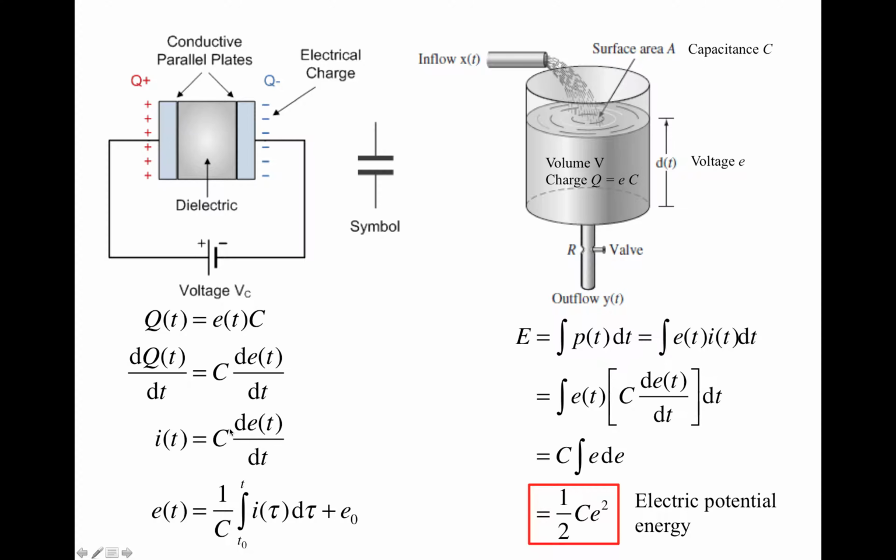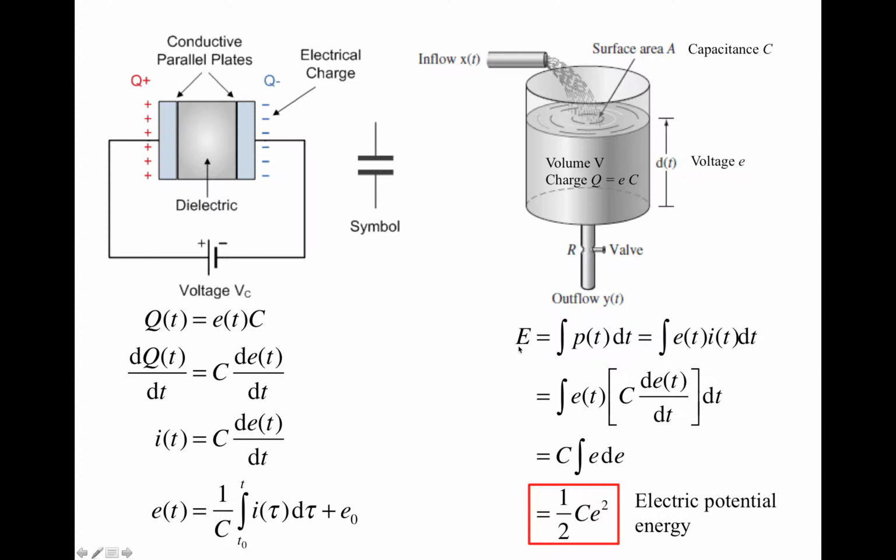We're just replacing I with C times dE over dt, and then dt and dt cancel out. C is a constant, so you can move it out of the integral, and it becomes C times the integral of E dE. This integral can be carried out explicitly. It equals 1/2 E squared. And then if you multiply in C, you get this expression for the energy.